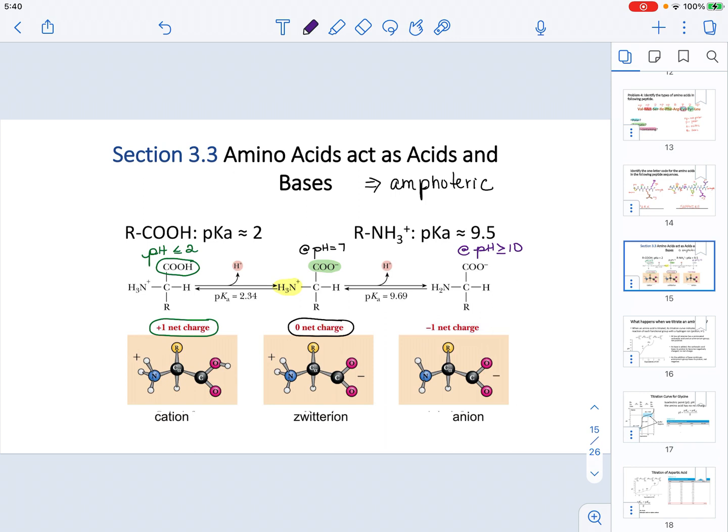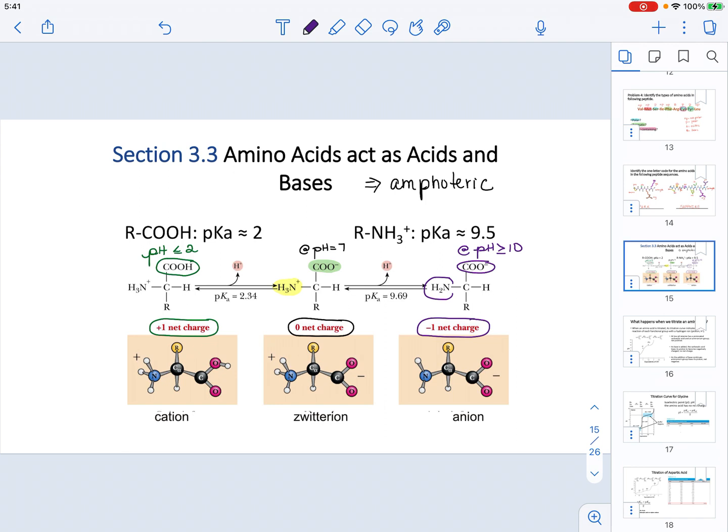Understand that what's going to be happening overall is that our amino acid is going to be -1 charge, because not only have we lost the proton in the carboxylic acid, but also the ammonium that is produced at pH 7 is going to be deprotonated. So our amino side, which was protonated, now becomes deprotonated and it is neutral. That's where the -1 results from.